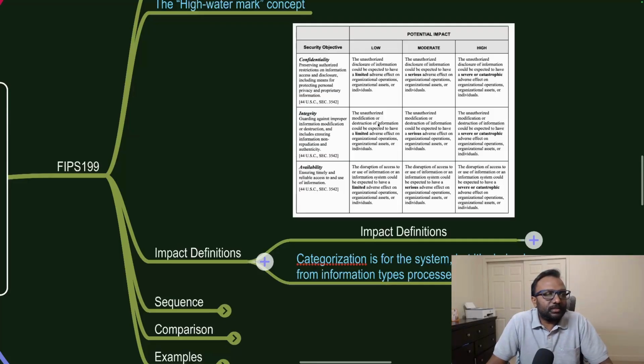Integrity, unauthorized modification: same, limited adverse, serious, and severe or catastrophic adverse impact. Availability: any disruption of access, not unauthorized access, that is confidentiality. That is the availability challenge, having a limited effect for low, serious for moderate, and severe or catastrophic adverse effect for high.